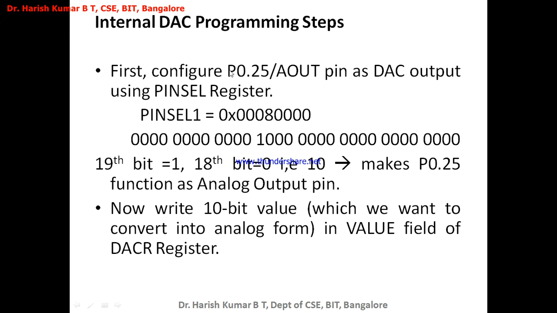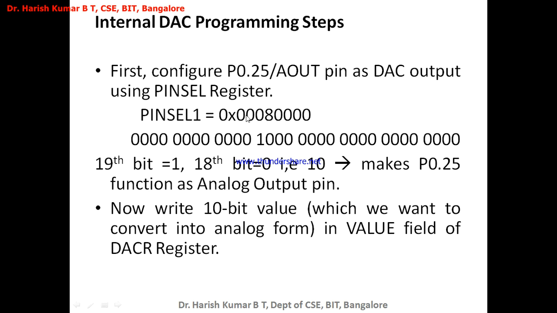Since P0.25 is in the range P0.16 to P0.31, which pin select register do I have to use? PINSEL1. If the port pin is in the range P0.0 to P0.15, you have to use the PINSEL0 register. I have explained this in my earlier classes, so let me not spend much time on this. Since P0.25 is in the range P0.16 to P0.31, I have to make use of PINSEL1.